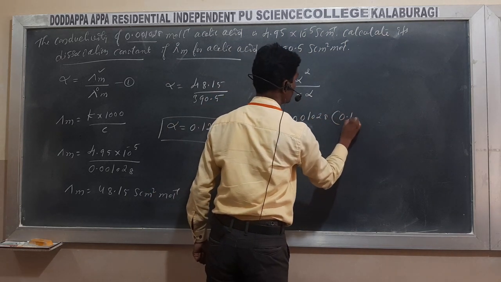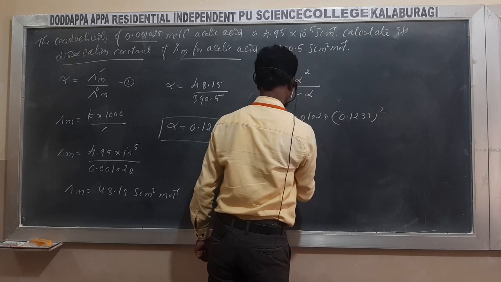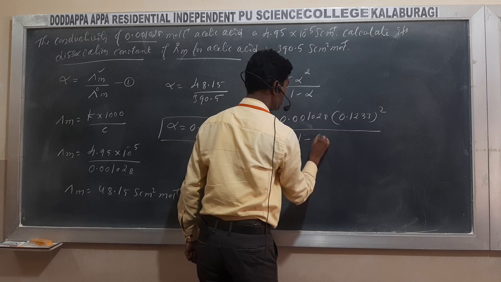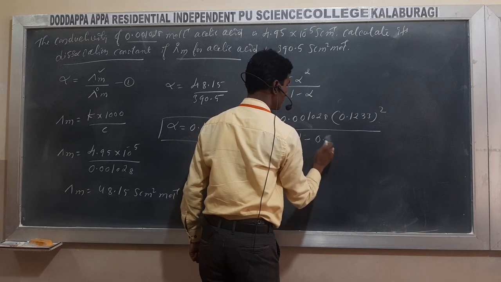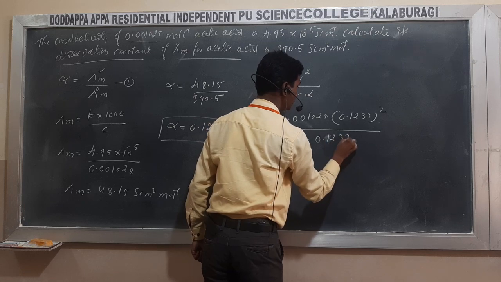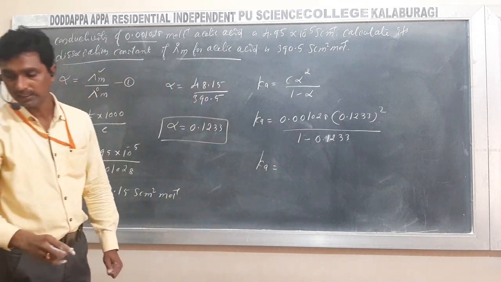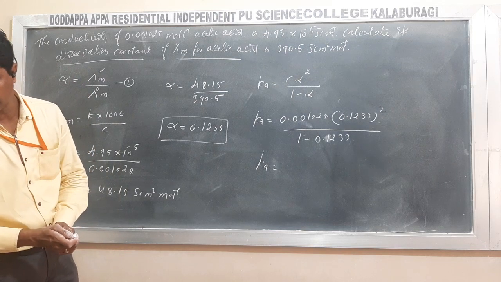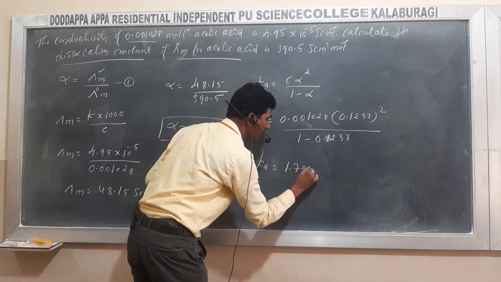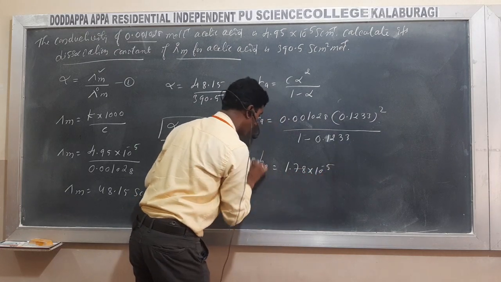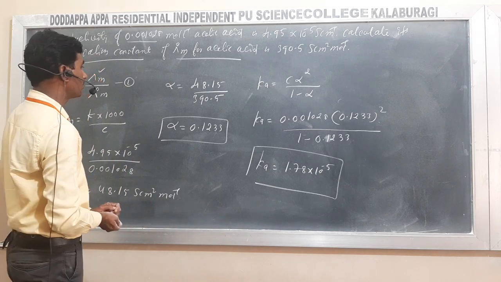Alpha is 0.1233. So we can get the dissociation constant, which is 1.78 into 10 to the power of -5.